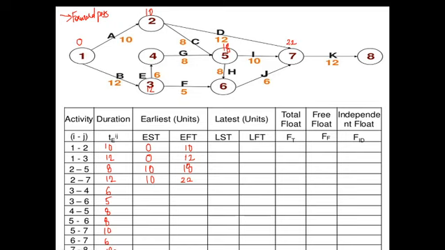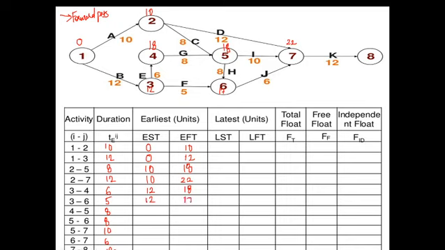Next 3 to 4. The earliest start time of 3 is 12. 12 plus 6 is 18. So 12 and 18, write it over here. Next activity 3 to 6. Here 12 plus 5 is 17.